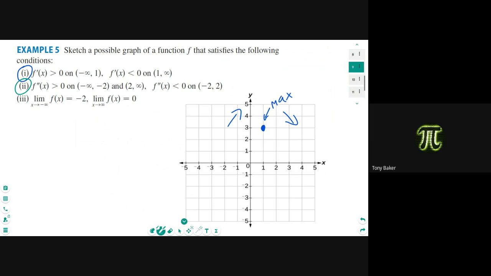So I know somewhere at 2, and since it's increasing to that point, right? -2 is going to have to be below that point, correct? So we'll put it there. And then there's also something happening at +2. So we'll put that there.